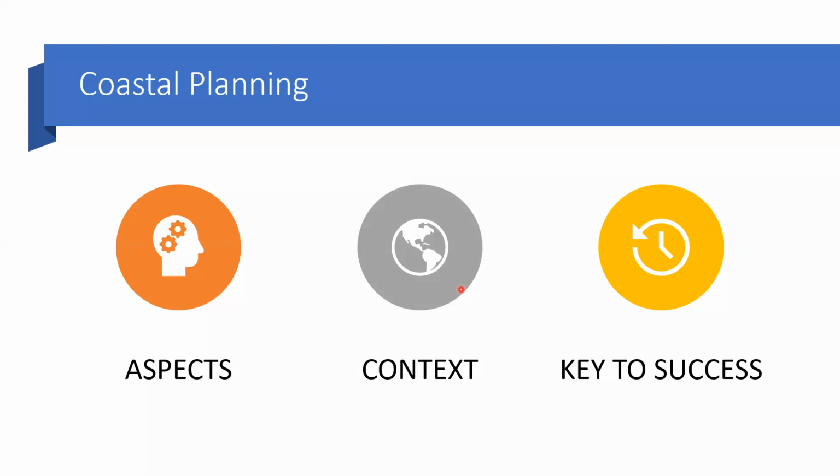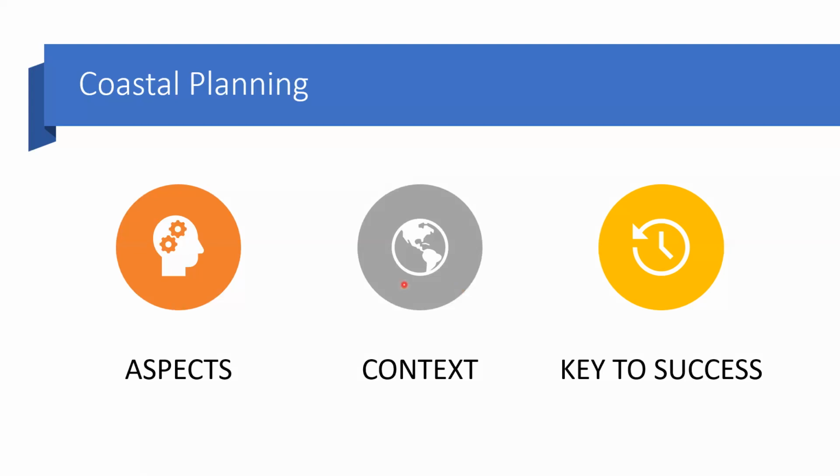So again, the way coastal areas are used varies from one context to another, and that also impacts the way we approach planning coastal areas. Now, the keys to success. I'll give you some clues.